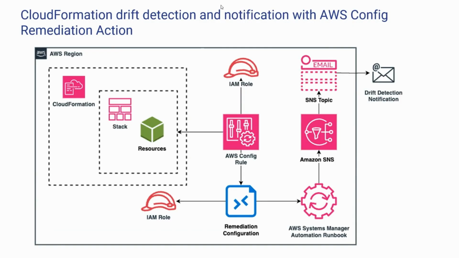In this case, if any changes were done, it's noncompliant. This CloudFormation stack is not compliant anymore, and we receive a notification, in this case by email, that something is not okay with this stack. And here is some drift, please check or do something.